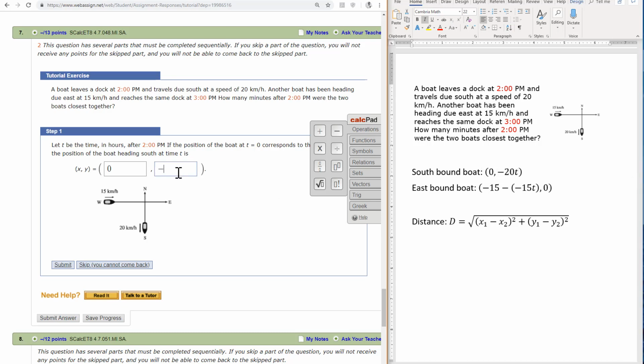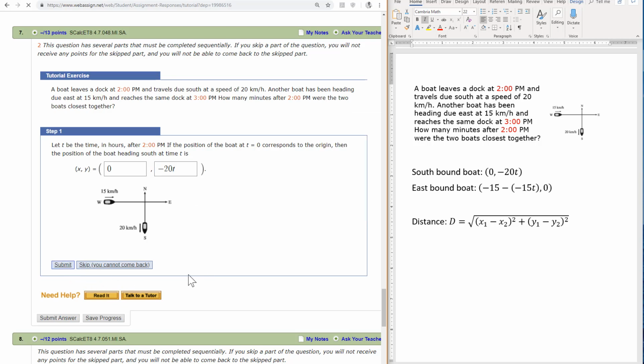So it's negative 20 times t: 20 kilometers per hour times t, the number of hours. We're looking at t in hours here. Okay, that's our first step.